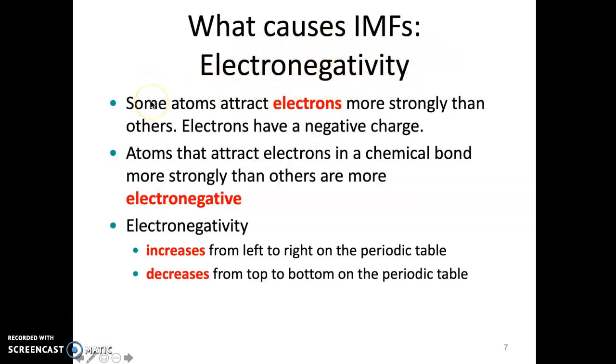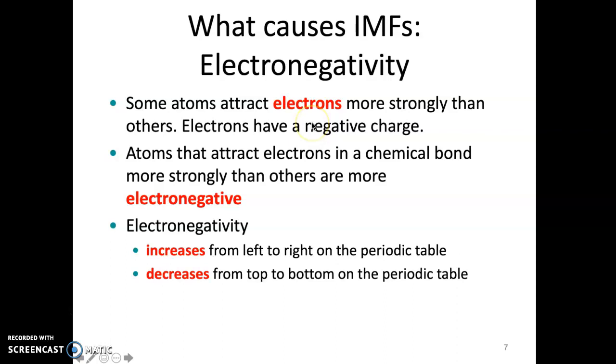The reason that we want to focus on this is because some atoms attract electrons more strongly than others, which means that if you have a molecule, there's all these electrons and they can kind of dance around and go wherever they want throughout the molecule. But if there's a more electronegative element, then the electrons will tend to stick around it more.